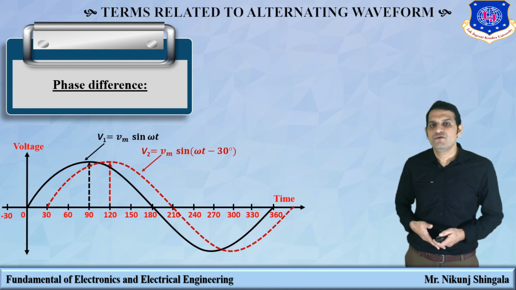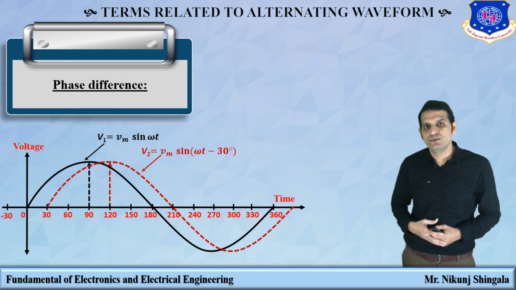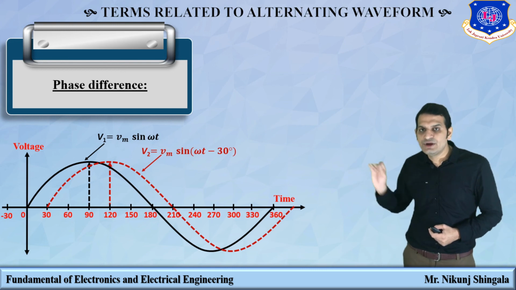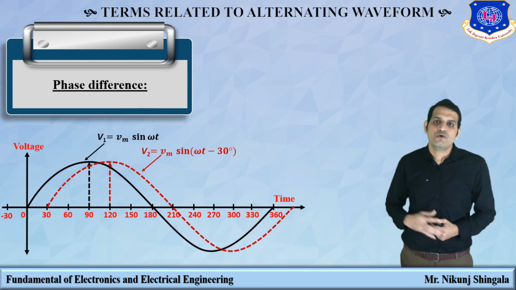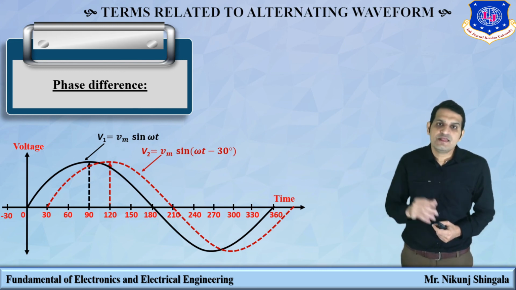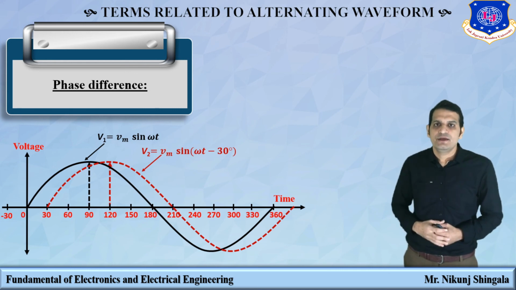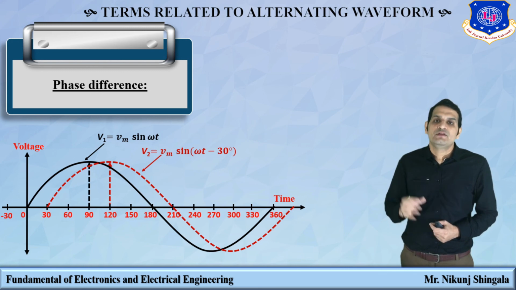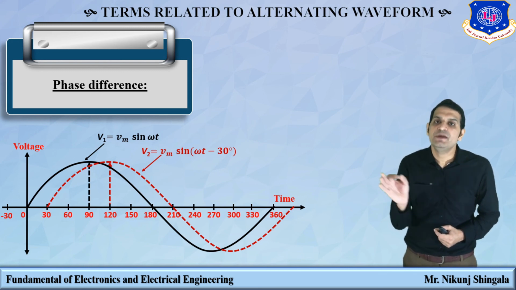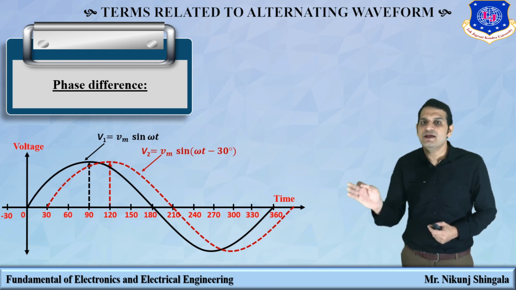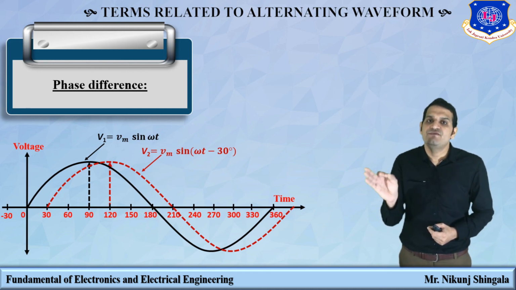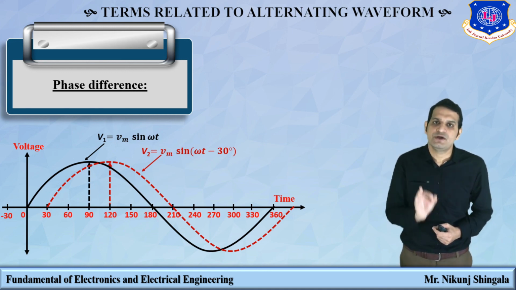The next waveform is of voltage V2. Here you can see V2 is starting at 30 degrees, and it attains its maximum value at 120 degrees. V1 attains its maximum value at 90 degrees. So there is a phase shift of 30 degrees between V1 and V2, clearly shown from the graph. So V2 is represented by Vm sin(omega t minus 30 degrees).